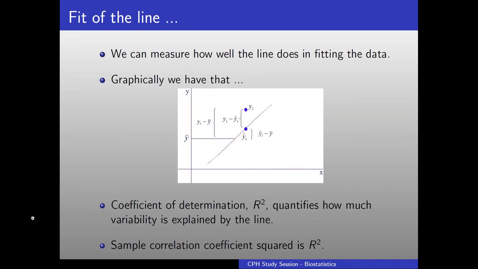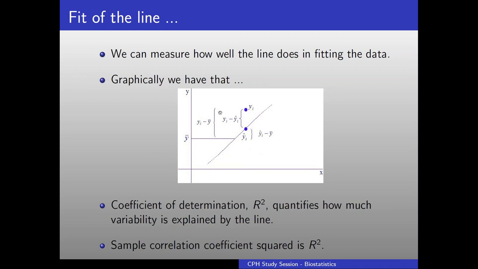I'm not going to go into too much detail for this, but graphically we have three sort of distances. We have a distance from the average of y to the point itself. So the average of all y's to your observation y1 here.